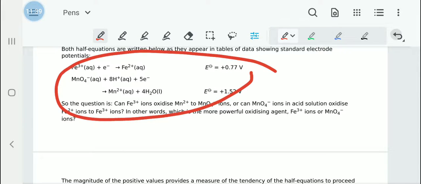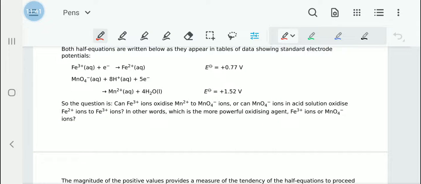It shows that manganate ions, MnO4- ions, will readily accept electrons when compared with Fe3+ ions, because of the difference in their E standard values.